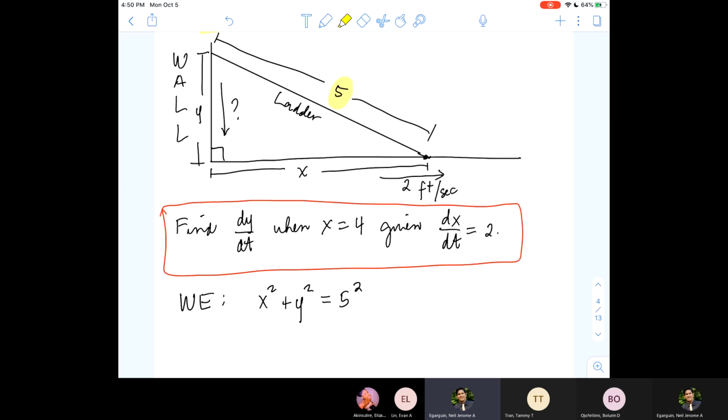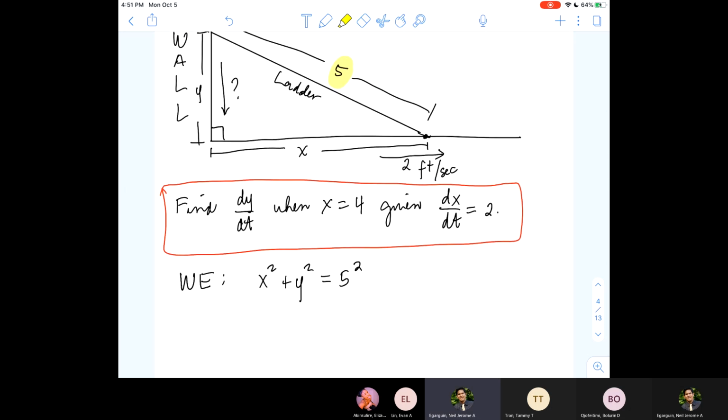There's no mention in the problem that the length of the ladder is changing through time, right? The only thing that is happening in this problem is that the top of the ladder is sliding down the wall. So there is no mention that the ladder is losing length, right? So I think it's a fair assumption that 5 remains constant all throughout time. So I can use it from the get-go, right?